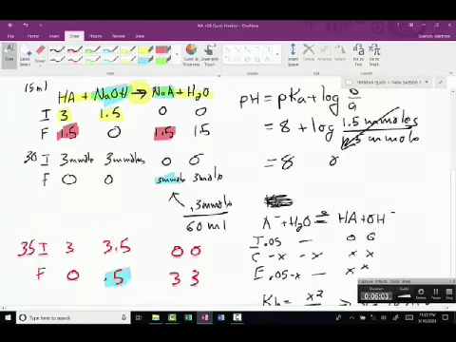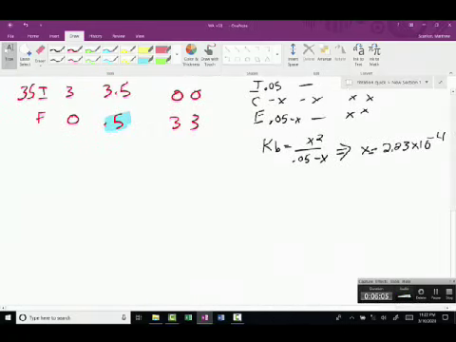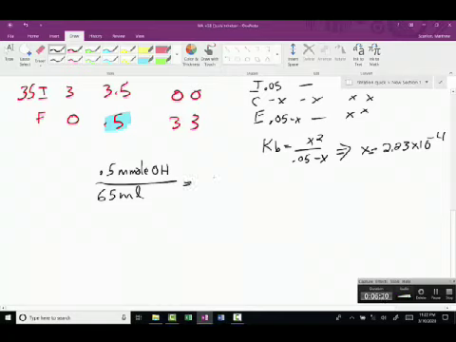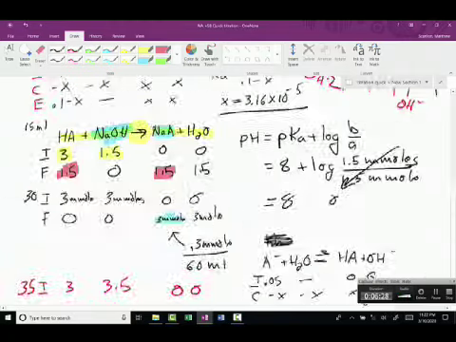So my concentration of strong base is going to be 0.5 millimoles of hydroxide divided by the total volume, which if you look at your table is 65 milliliters, and that gives me a concentration of 7.69 times 10 to the minus 3rd molar. And so my table is complete.